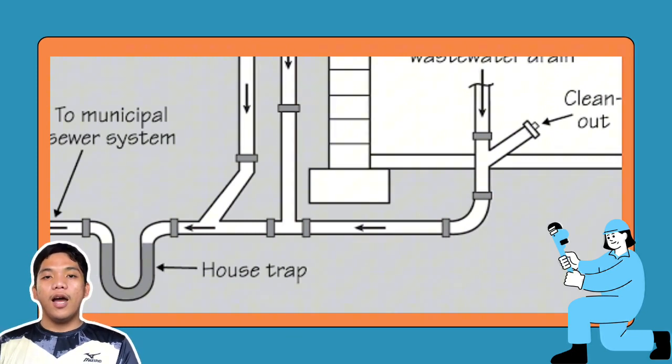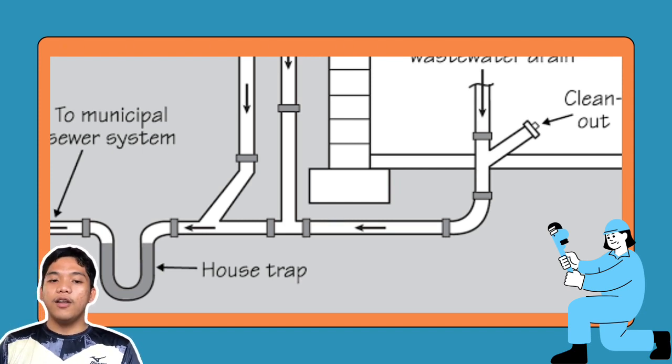So, alam naman natin na hindi tayo okay na nakakaamoy sa loob ng bahay ng hindi maganda, kaya yan yung ginagawa ng house trap. Siya ang nagpe-prevent at siya ang nag-shield sa ating bahay para i-prevent yung mga unwanted gases na bumalik sa ating bahay.